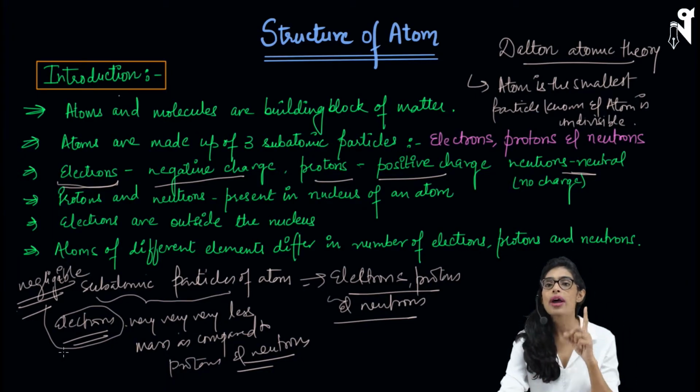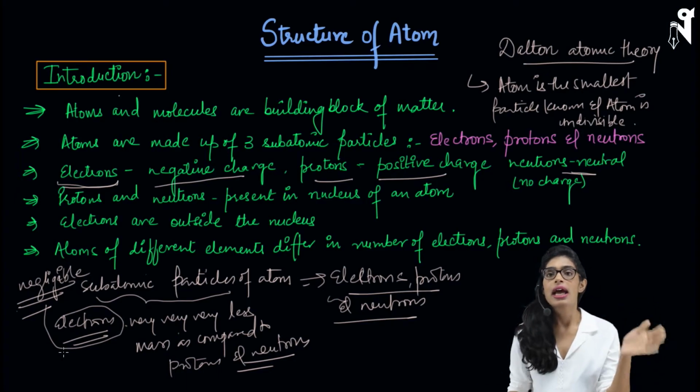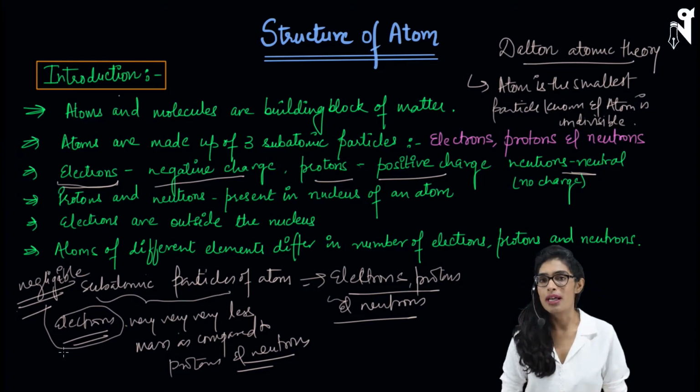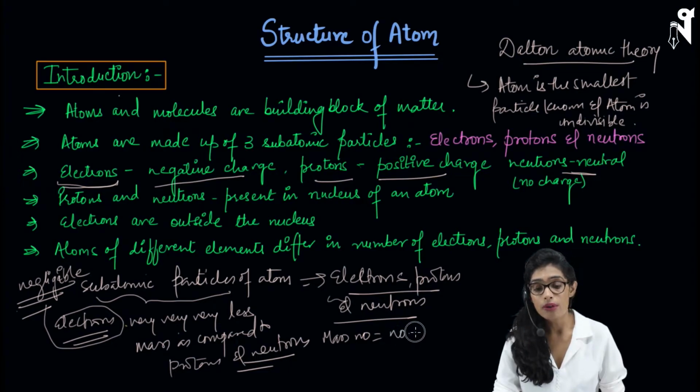That is the reason when we calculate the atomic mass, we ignore the electrons' mass and we just consider the protons' mass and the neutrons' mass. If you remember, in the last chapter, mass number, or atomic mass, is equal to the number of protons plus the number of neutrons.